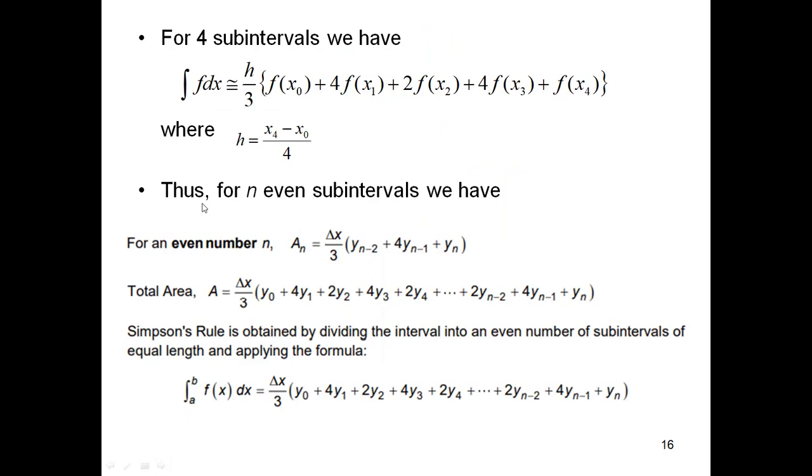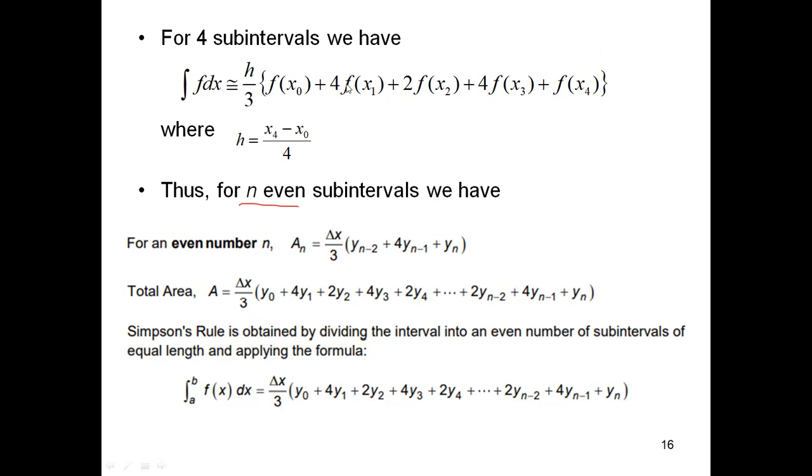Which brings about that for Simpsons rule, the number of divisions should be, as you have seen already, even. So we cannot divide using Simpsons rule by odd number of intervals. We are only allowed to have even intervals because of this. It should be an alternate of 4, 2, 4.